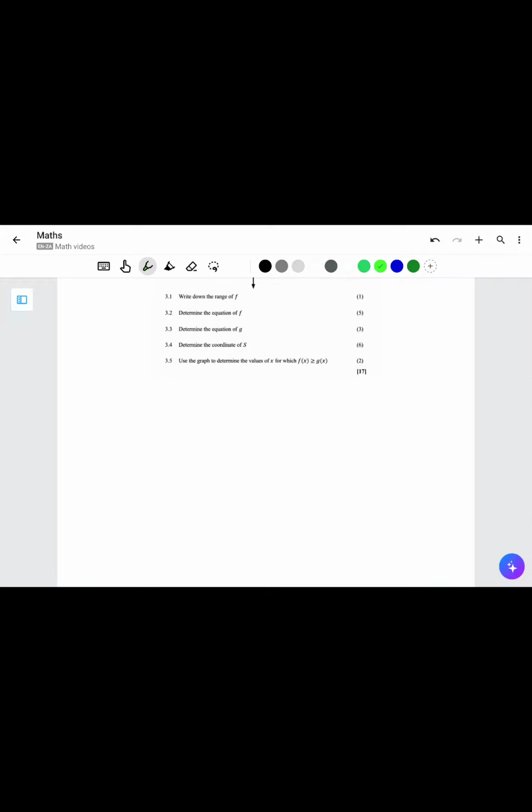If we know that at point S the x value must be positive, therefore we can now substitute x equals 3 over 2 into g of x, because we know that point S does lie on the graph g of x. And g of x we know is equal to 2x plus 6.